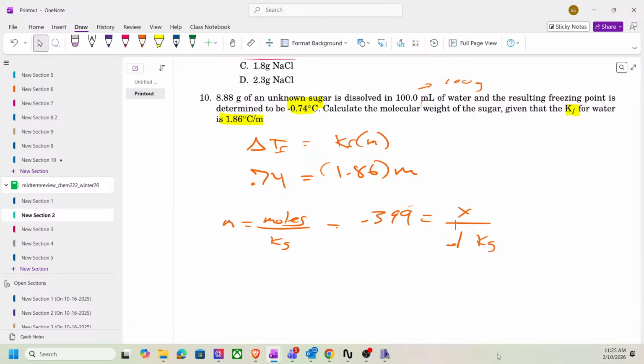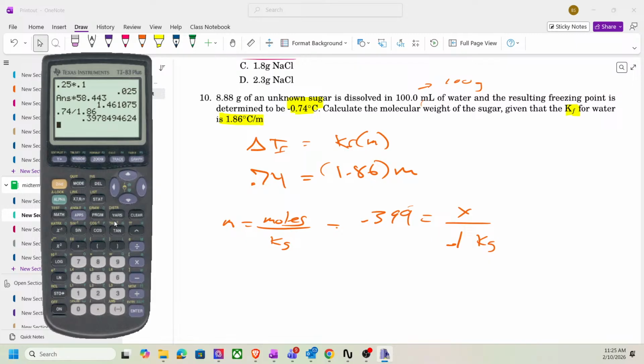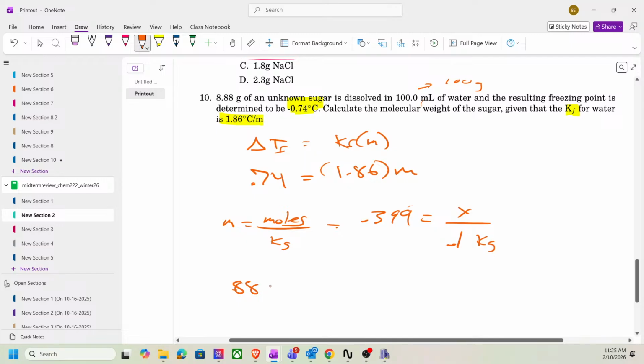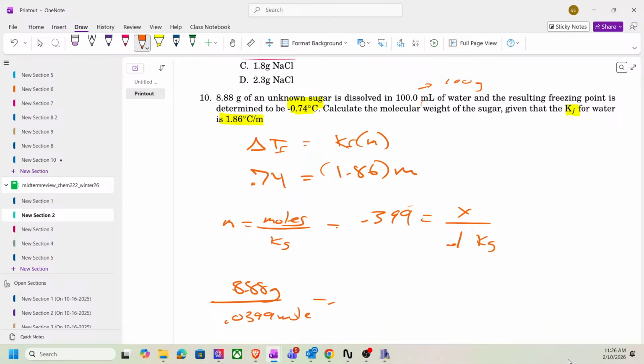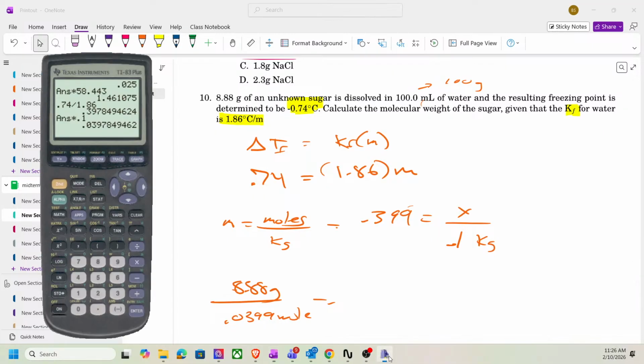So how many moles are in there? So that means 8.88 grams is equal to this many moles. So then we can divide to get the molecular weight of our sugar.